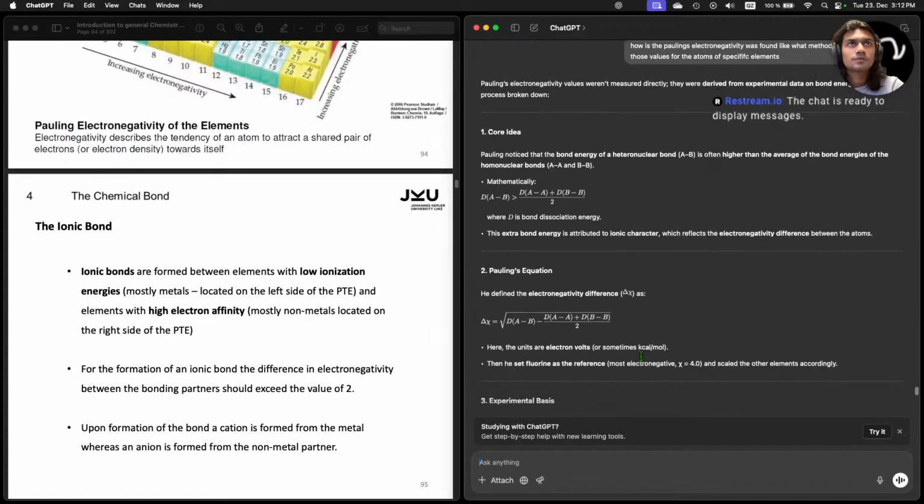So if fluorine is the most electronegative, that means fluorine has the highest tendency to pull in atoms.